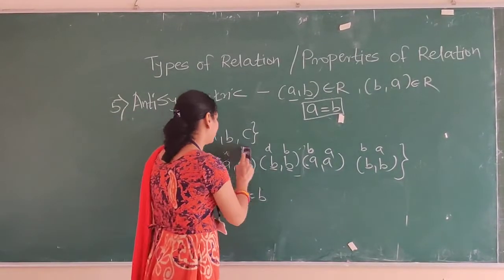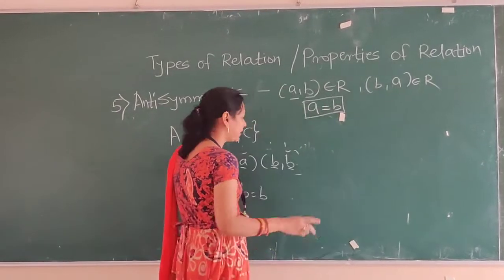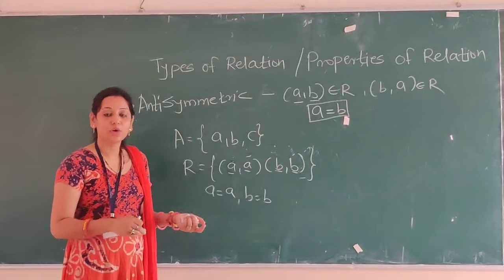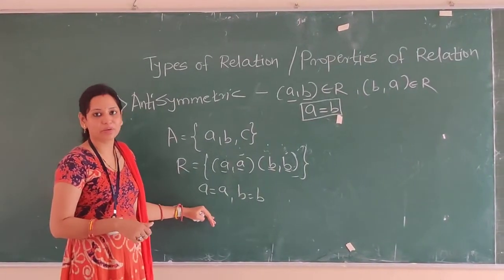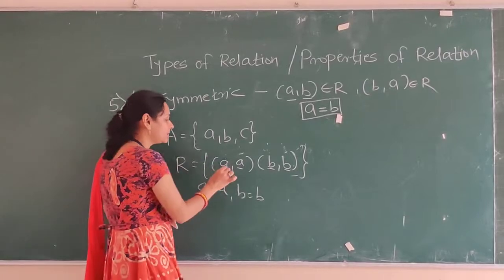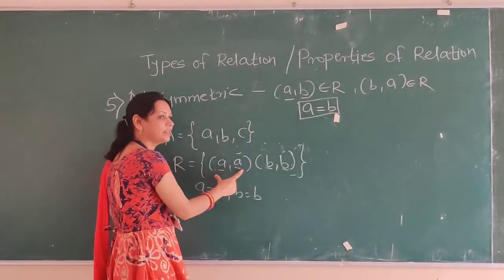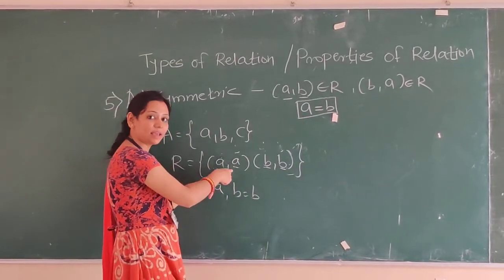So in short, we can say that whenever the reflexive property is satisfied by the given relation, it also satisfies the antisymmetric property. Because these are the terms that are present in the given relation. So you will ask, if this is (A,B), then what is this (A,A)?